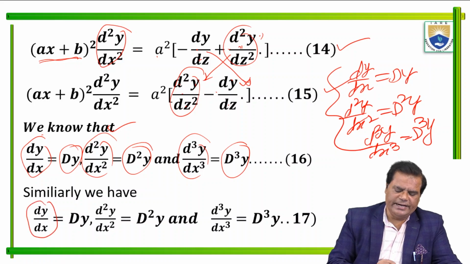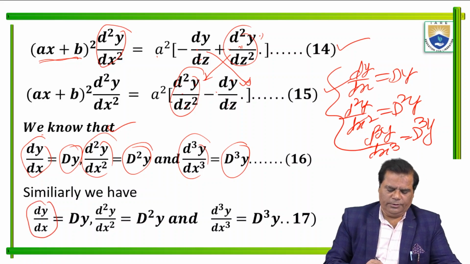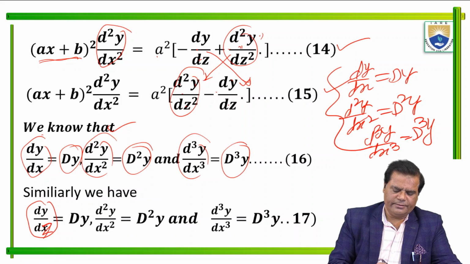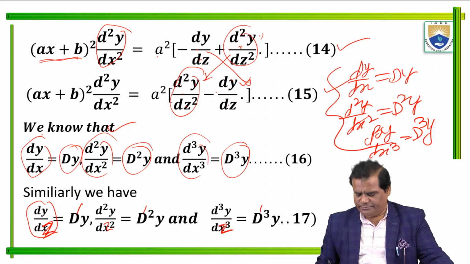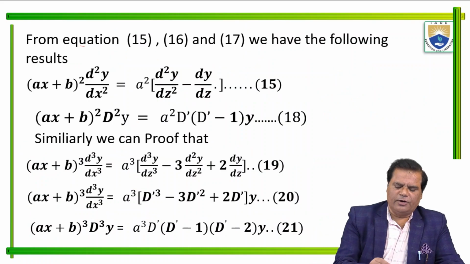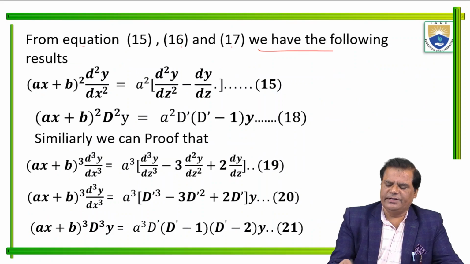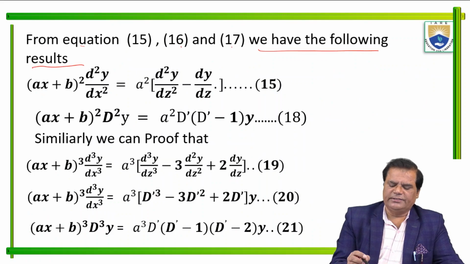Similarly dy/dz is D dash y, d2y/dz2 is D dash square y, and d cube y over dz cube is D dash cube y. This is equation 17.